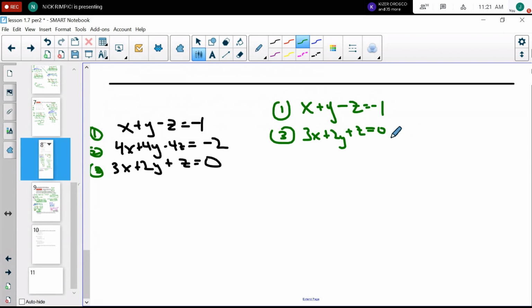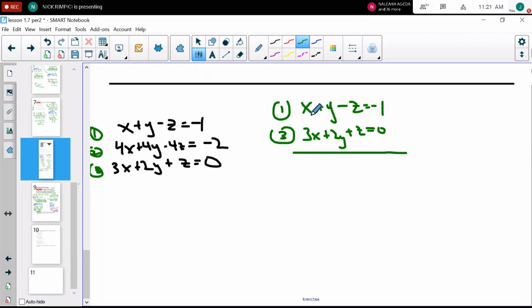This is a good choice because negative z and positive z are going to cancel out when you add them together. So you could skip doing multiplication in this one. You can just go straight to putting the equations together, and that makes the work a little easier.